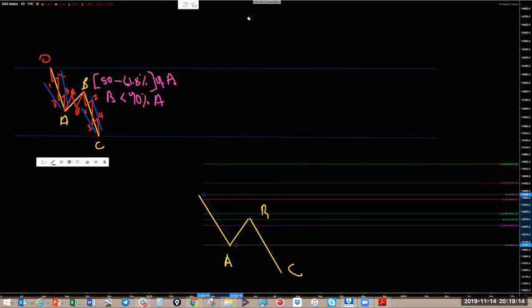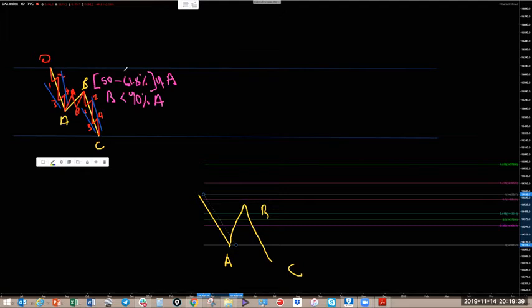Okay, so that is why I say B should be less than the 90% retracement of A. So it can retrace up to 88, 78 and still do something like this. Then we can still accept that as a zigzag. But once it goes above 90%, then the structure becomes completely different. You can see that this is not a zigzag, it's almost like a flat correction.